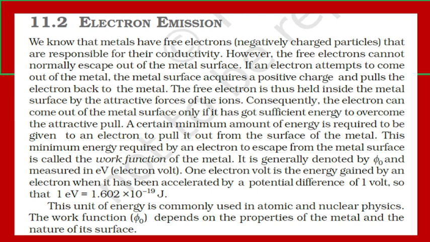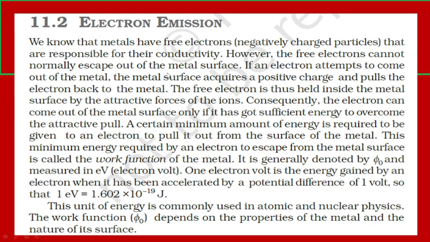So, the free electrons cannot normally escape out of the metal surface. Once the surface is neutral, the electrons will be revolving in their fixed orbits. They will not come out from the metal surface automatically. Okay?